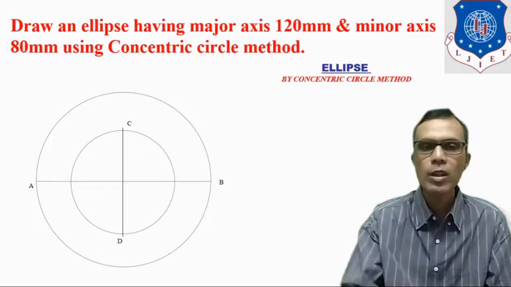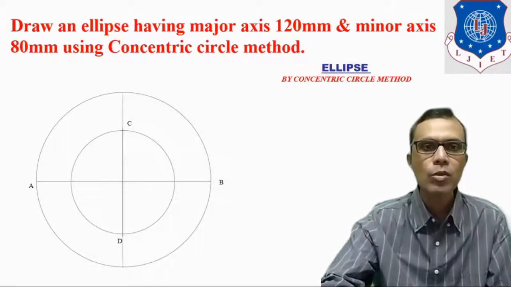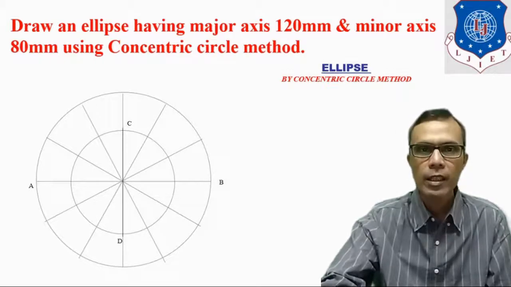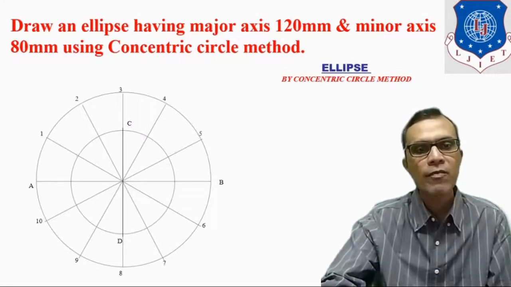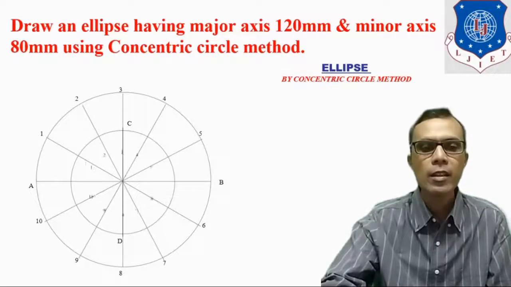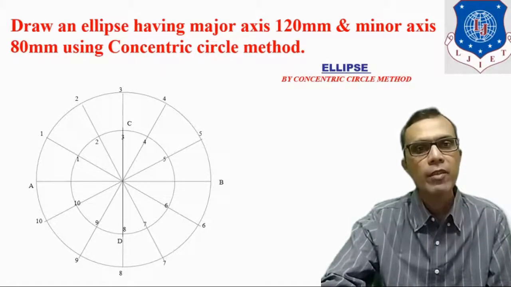So let us now divide both of these circles into 12 equal parts having one segment of 30 degree, and write down the notations for outer circle and inner circle, that is division numbers.